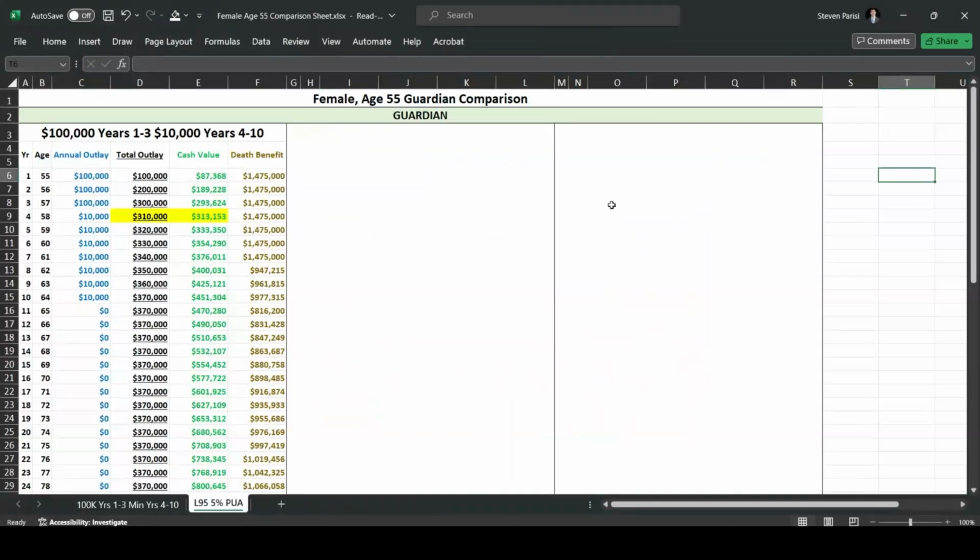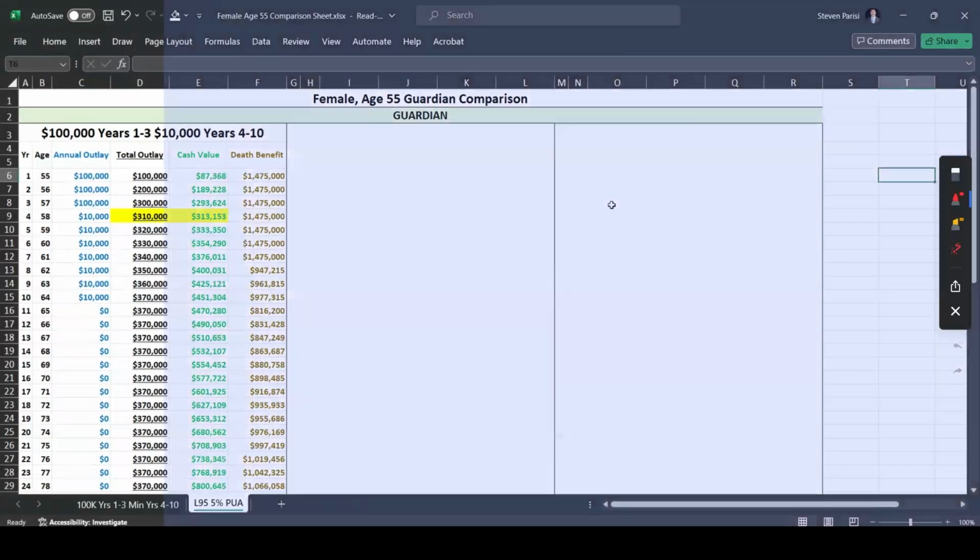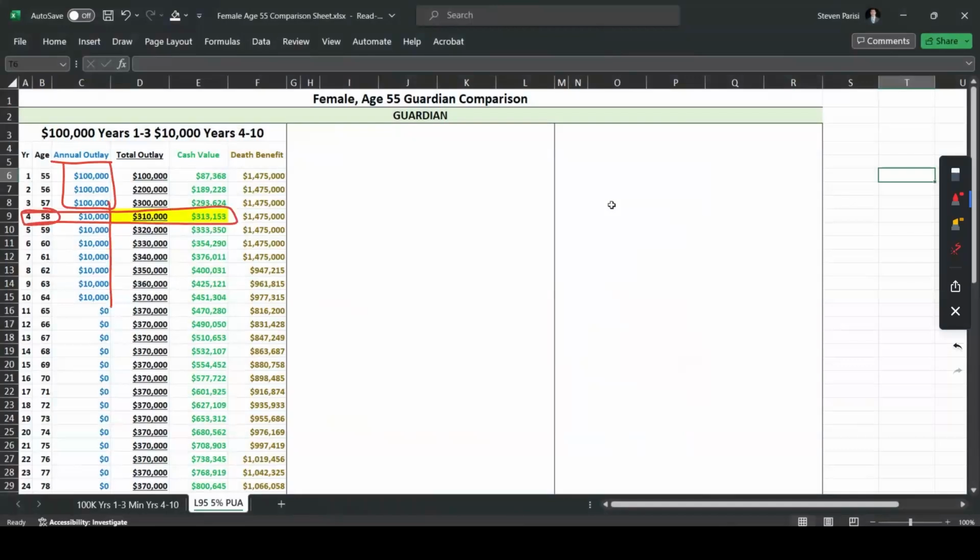So option A, on the left, this is the planned scenario, what she thinks is very likely. We looked at this in the last video. Break-even point, year 4. Looks good. Nice. Continues to fund 10K up until age 65. She can keep on adding money if she wants to. She could even fund up to 100K per year, several years, if she wants to keep on plowing money in.